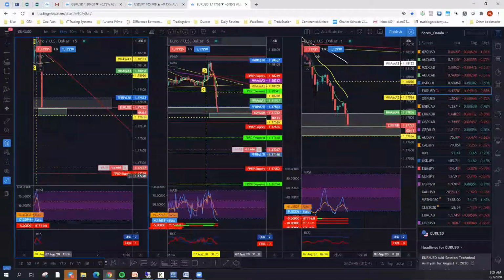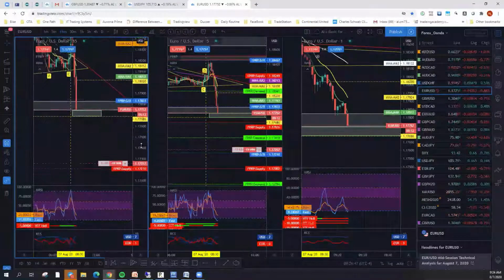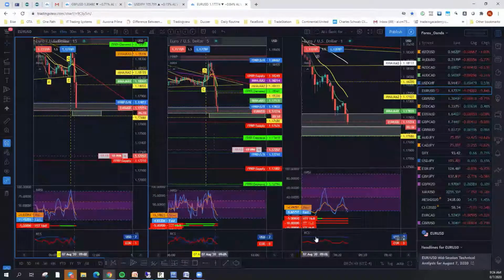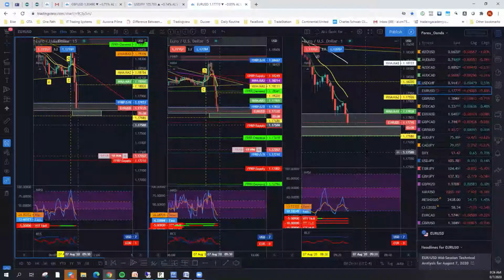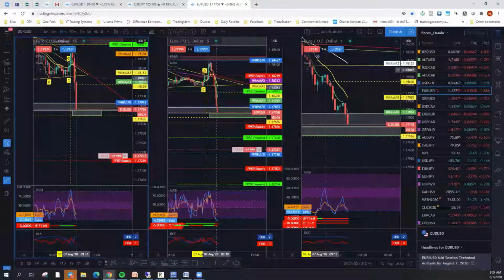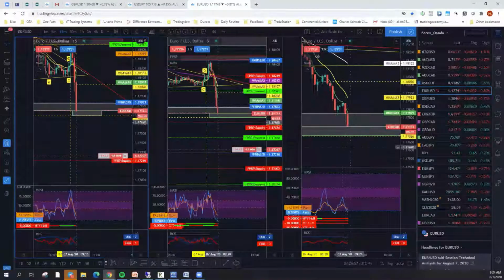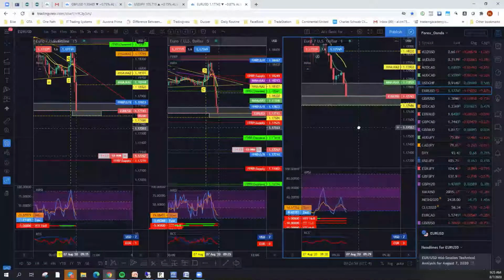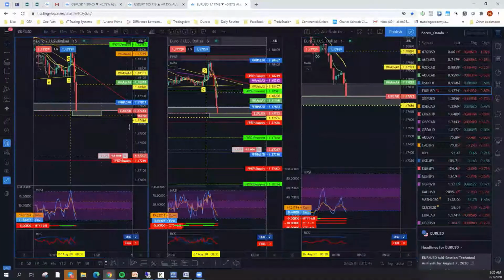Right now, other than the fact they're target zones, I'm not seeing anything. And this was a nice little pullback right here. So you can see this pattern is almost the same as this. And this thing could keep on doing this for a while still. I mean, it still has some potential here.